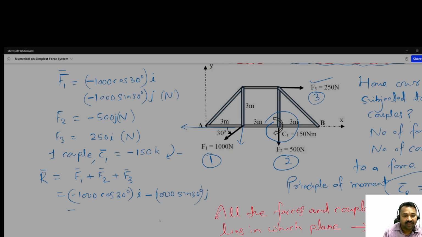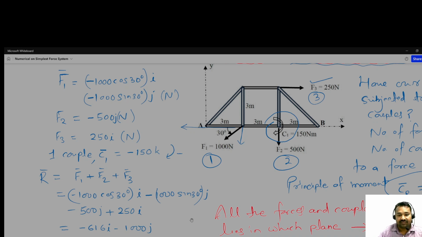Then plus F2, with a minus sign, so it becomes 500 J, then F3 is equal to plus 250 I. So from this we get minus 616 I minus 1000 J.